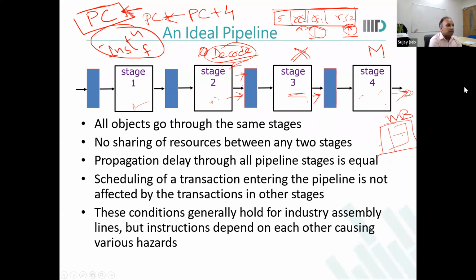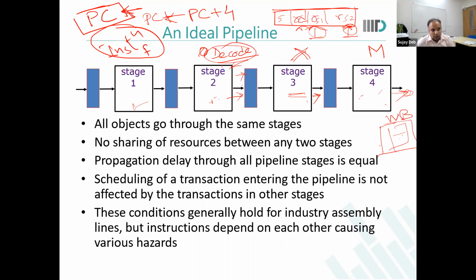So these are the 5 stages in which we can divide our instruction execution. Of course, I have ignored many of the details. For example, what happens when there is a branch instruction? How does your program counter get updated? At what stage does it get updated, and so on.